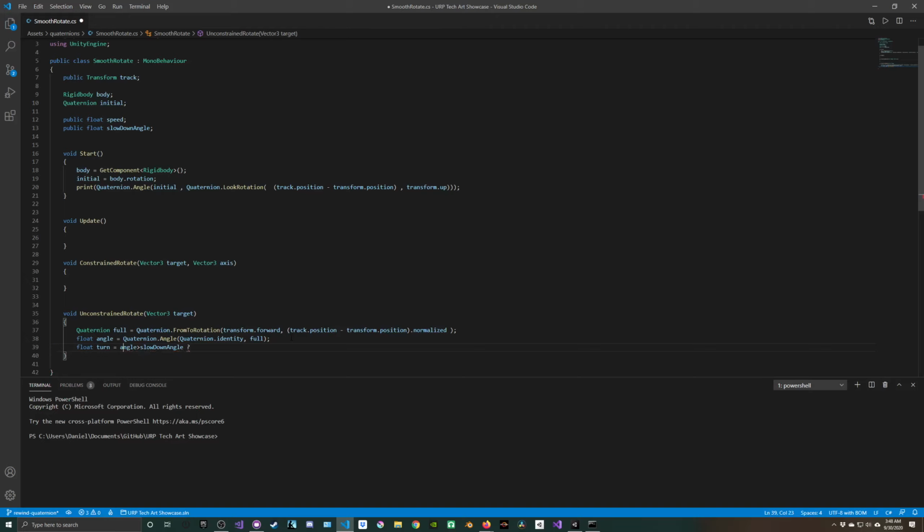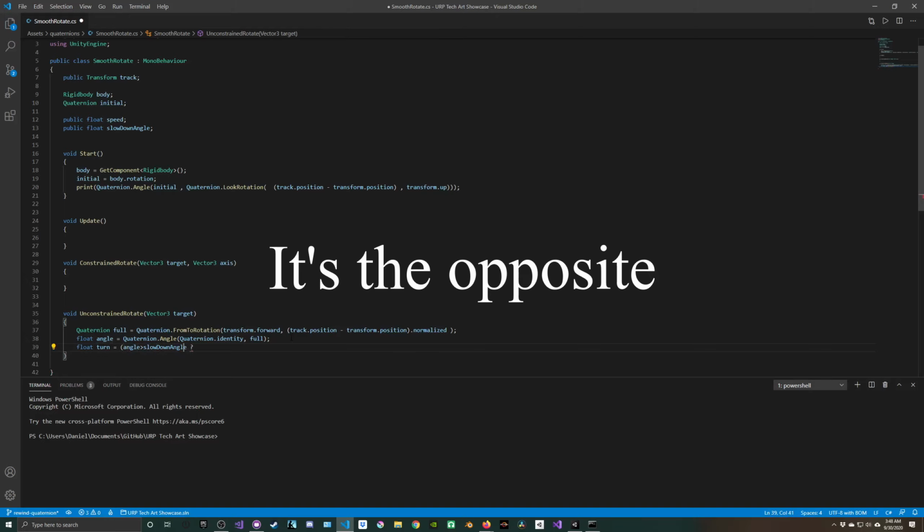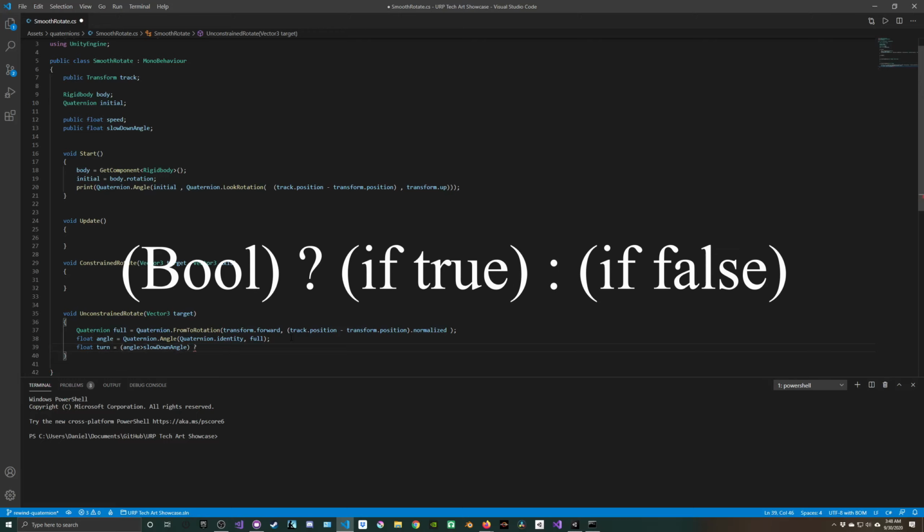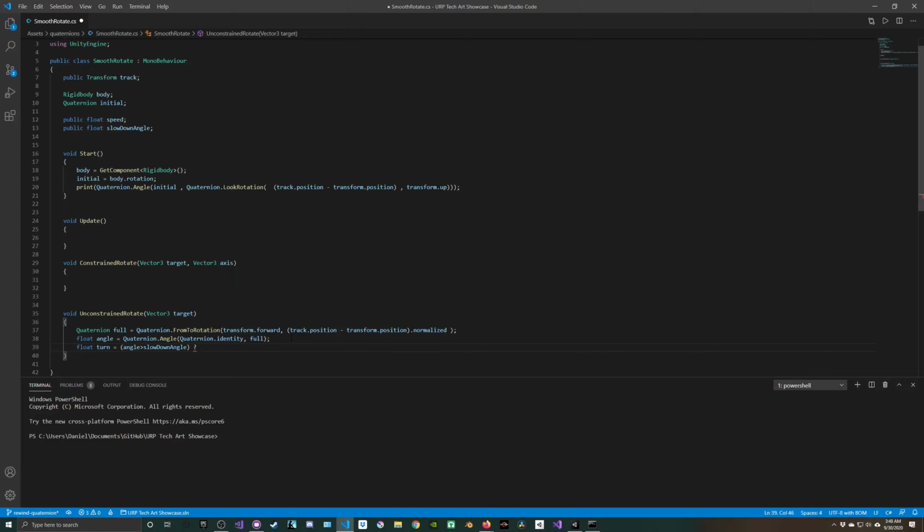And this is a ternary statement, so it'll do the thing on the right if it's true, the thing on the left if it's not. If it's greater than slowdown angle, we do speed. If it's not greater than slowdown angle, we'll do angle divided by slowdown angle. Now this would be the linear thing, but we want the square root of that. Both would look smooth.